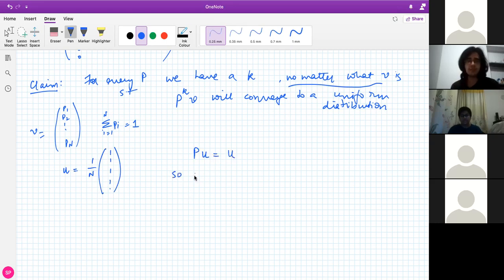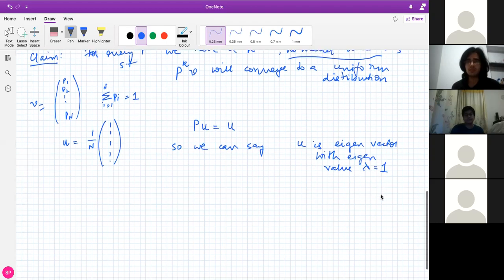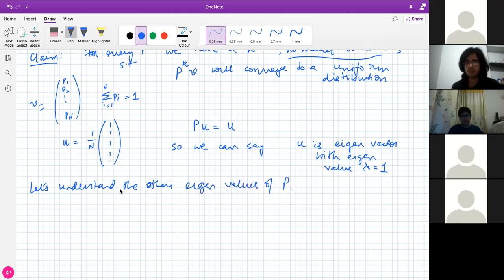So we can say u is an eigenvector with eigenvalue 1. Now let's understand the other eigenvalues of P. By understanding the other eigenvalues of P, what we are actually understanding is some property of the graph that is called the spectral property of the graph.